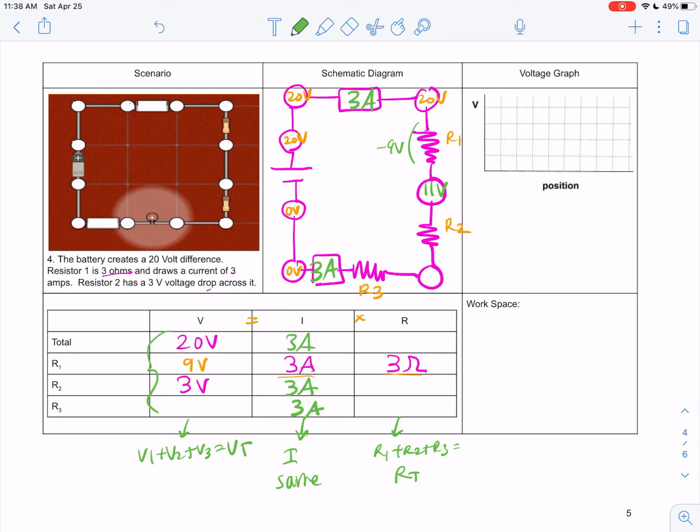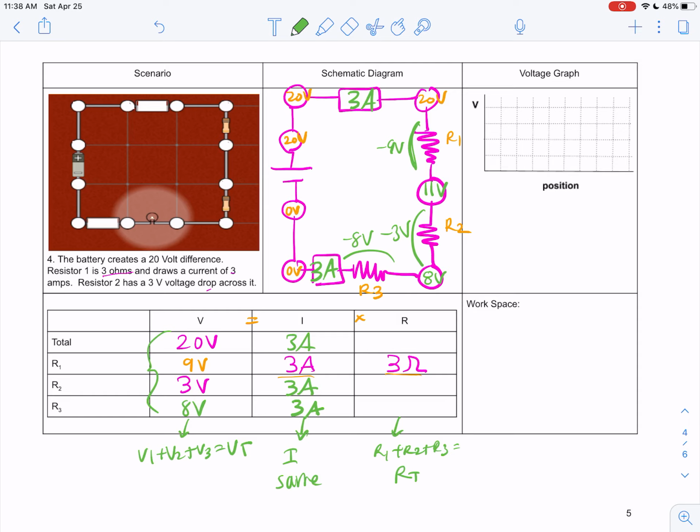That's going to be something that you're going to get confused about. I don't put 9 there. The drop is 9. So 20 minus 9 gets me to 11. Then we know this one's going to have a 3 volt drop, so 11 minus 3 is going to get me to 8. Then I can see this has to drop from 8 to 0, so that means this is going to have to be an 8 volt drop. Because 9 plus 3 is 12, plus 8 more would make 20.